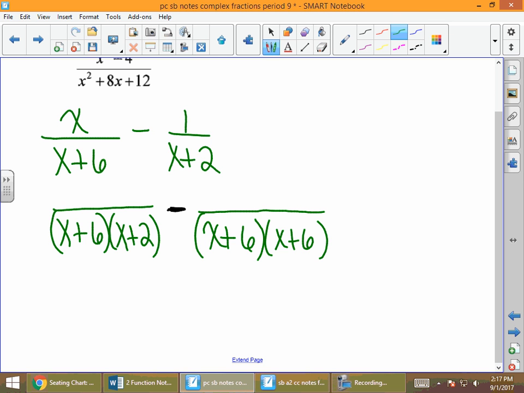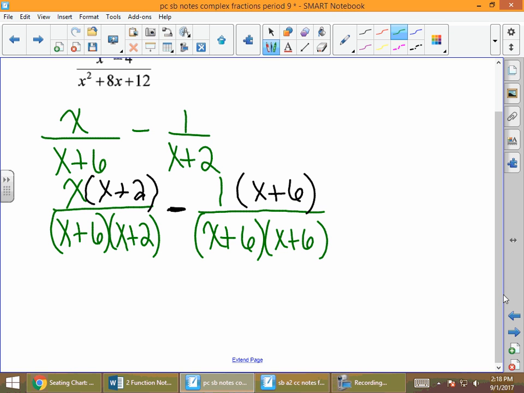Then we ask ourselves, do we have something in the denominator now that wasn't in there before? And we do. We have the x plus 2 over here to the left. And on the right side, the 1 stays there, but what we put into the denominator that wasn't there before was the x plus 6.